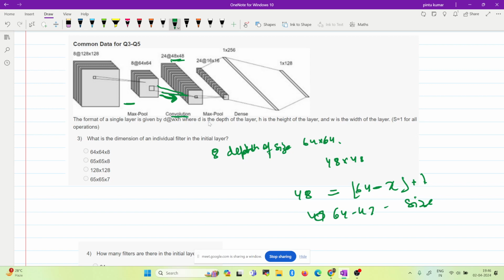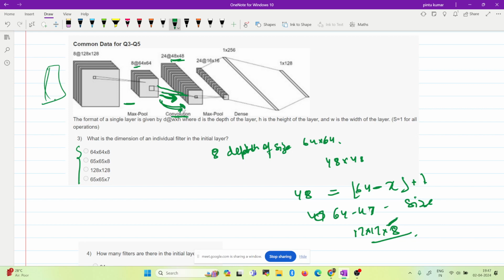And this is the first place where convolution is happening. So this should be the correct option. I think either they meant something else in the question, they should have included something here. But if we treat this to be the question, then this would be the answer. And what would be the depth? Depth would be 8. So 17 cross 17 cross 8 should be the size of the individual filter in this initial layer.